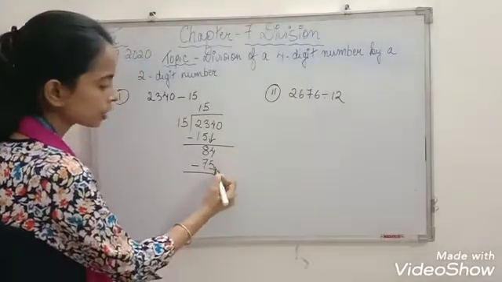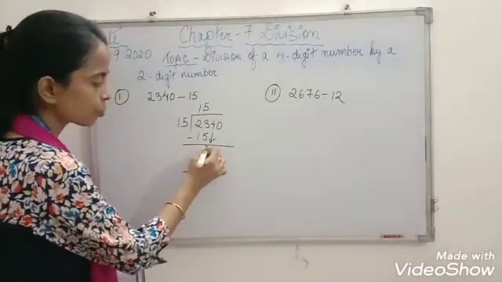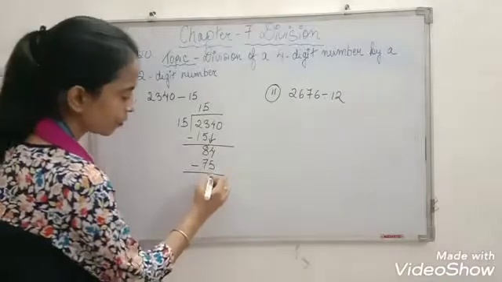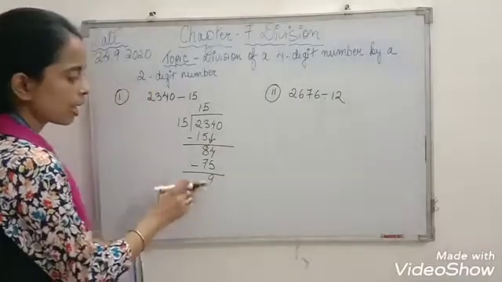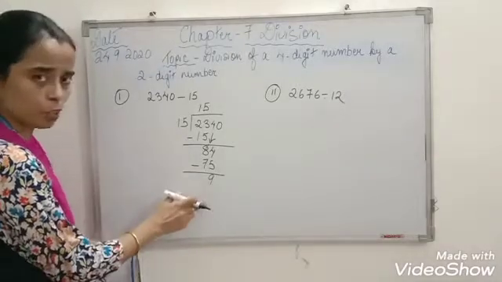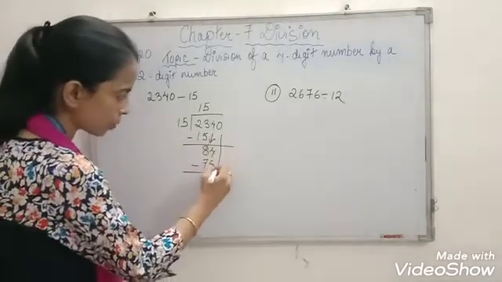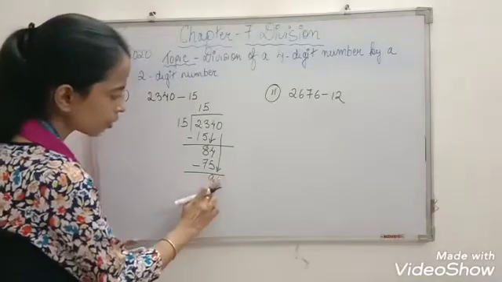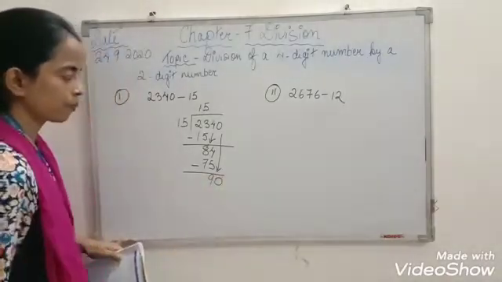So, we cannot subtract 5 from 4. We need to borrow. 14 minus 5, 9. Again, 9 we cannot divide because 9 is smaller than 15. So we will bring down the next number, that is 0. It becomes 90.